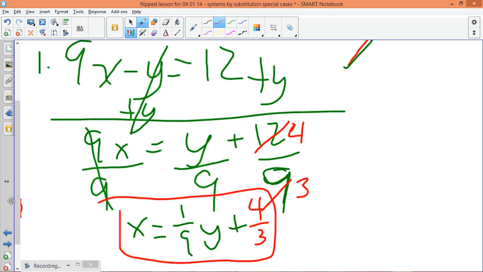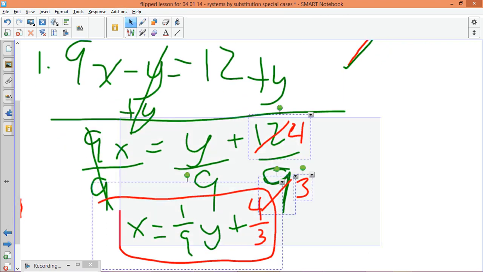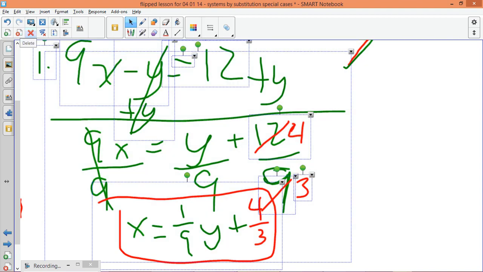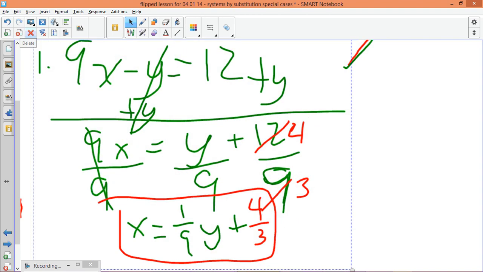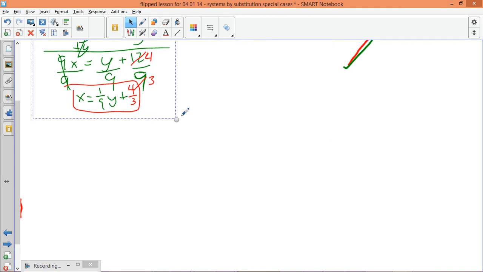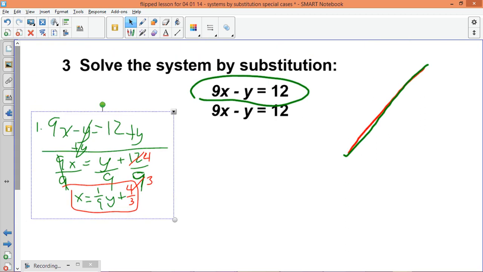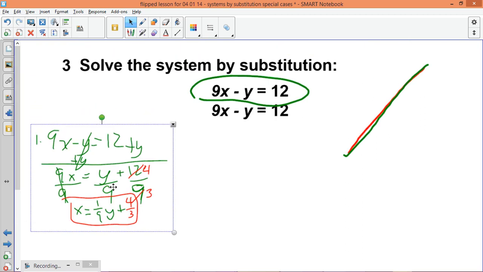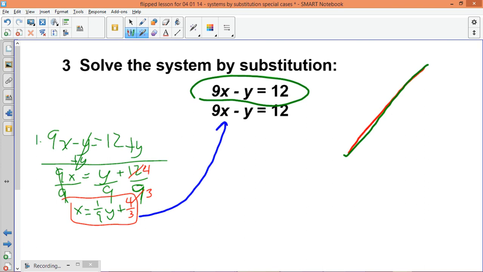Now look what we can do. Well, first I can group everything together and shrink it down. So I shrink that down so that I can come back up. And now what I'm going to do, I'm going to plug my solution for x in for x on the other side. So look what happens.